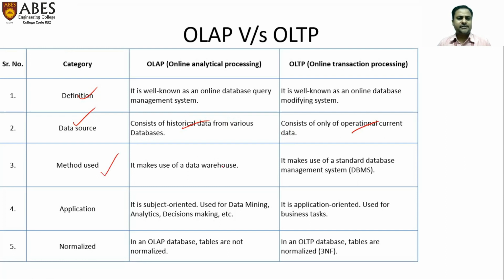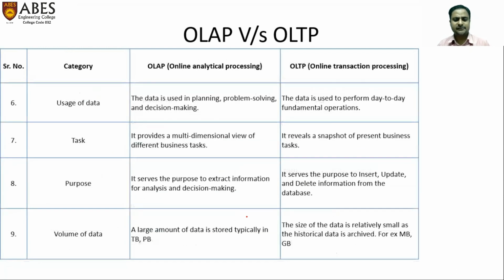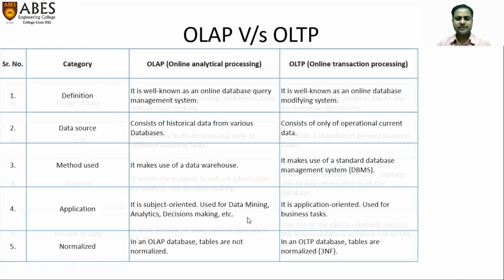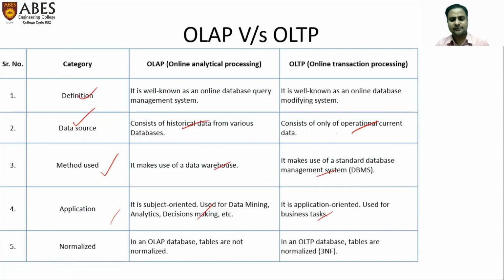In method used, OLAP uses the data warehouse and OLTP uses the DBMS. In application, OLAP is used for analytics and decision making, and OLTP is used for business tasks. In normalization, the tables are not normalized in OLAP, but in OLTP, the tables are normalized in different normal forms, popularly in third normal form.